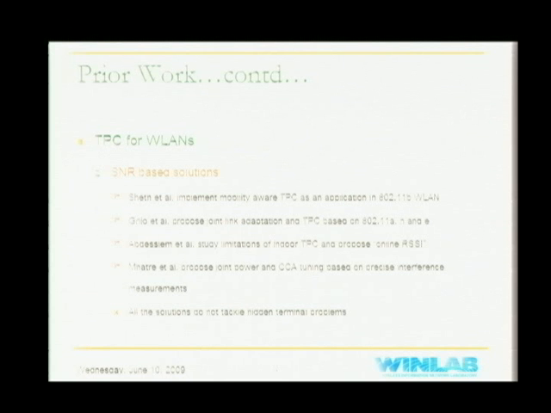Then there was another algorithm which proposed joint power and CCA tuning, but CCA tuning, which is the carrier sense threshold tuning, is forbidden, so it's not realizable in practice. All these solutions again are purely SNR-based solutions, so they cannot tackle hidden node problems or problems manifesting as frame losses.